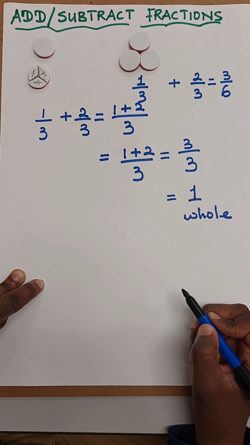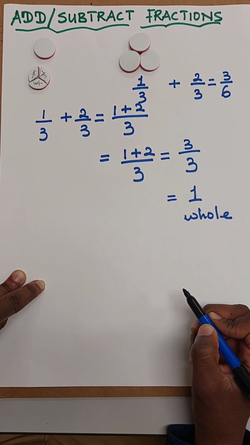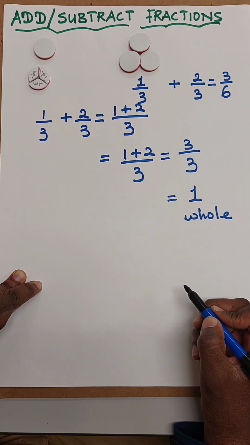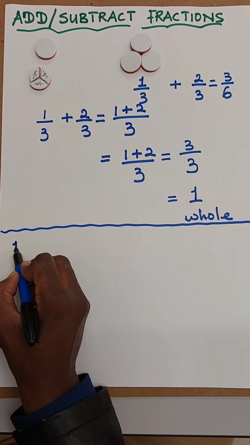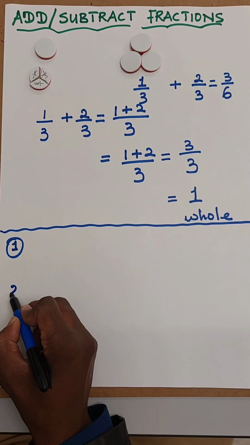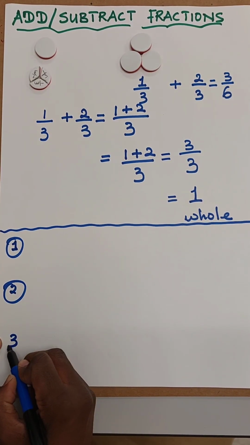The intention of this video is to clear that misconception of adding the denominators of fractions. Do not add the denominators. And so these examples will help you to continuously clear that misconception.